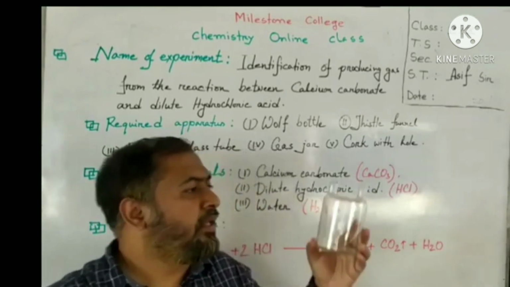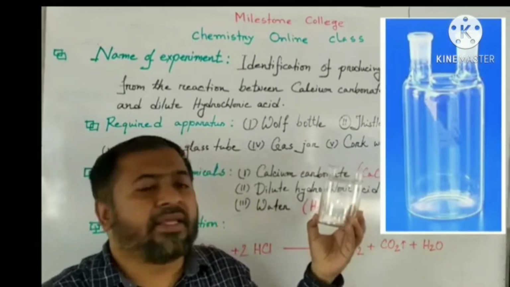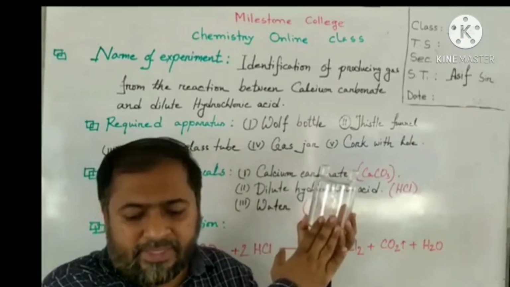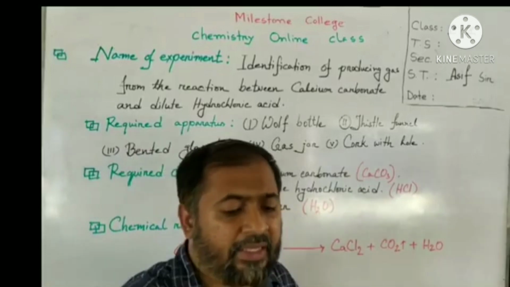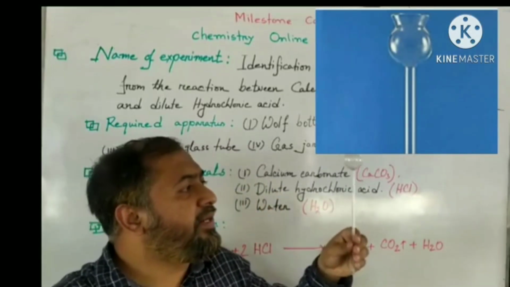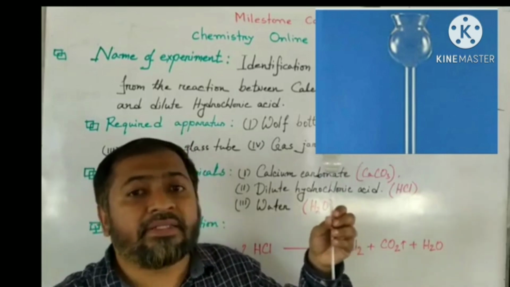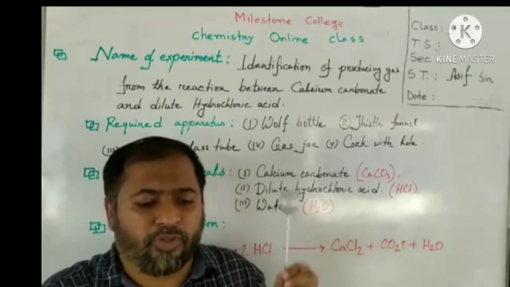Students, this is Wolf bottle. You can see the reaction takes place inside the Wolf bottle. This apparatus is known as thistle funnel. This apparatus is used to take liquid inside the Wolf bottle.